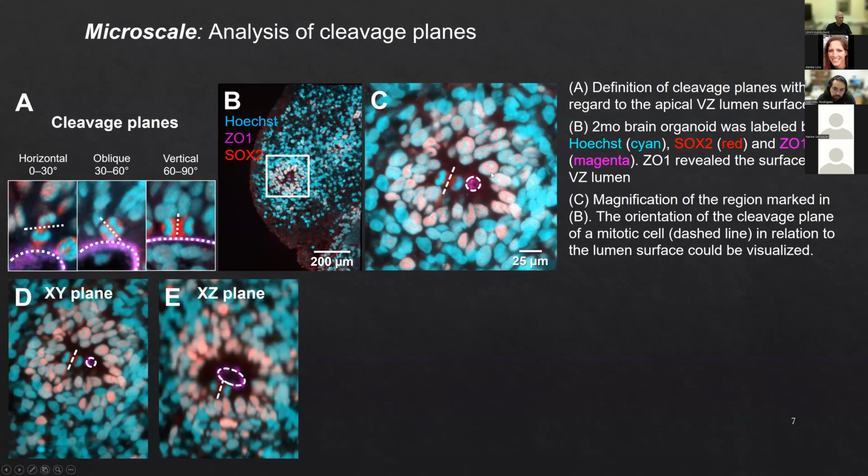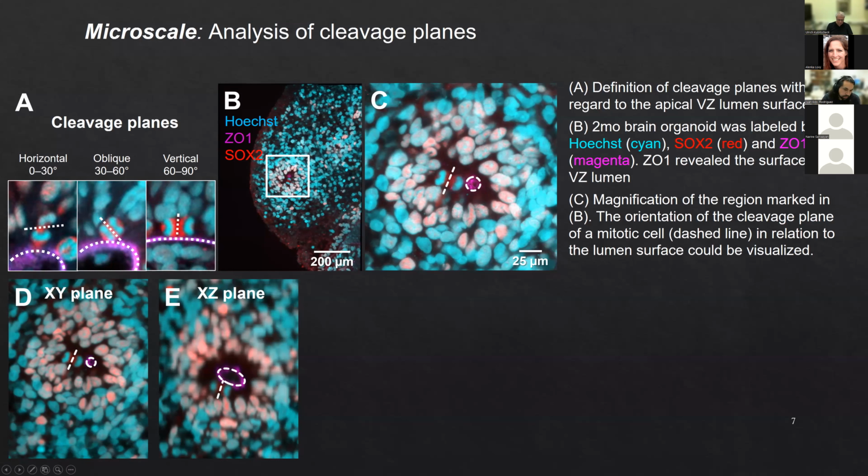Here we can see the ZO1 staining, the tight junction that is located in the center of this rosette structure. And in this dividing cell, it looks like a horizontal cleavage plane. But the problem when you only work with 2D slices or 2D images is that you can misinterpret the data.